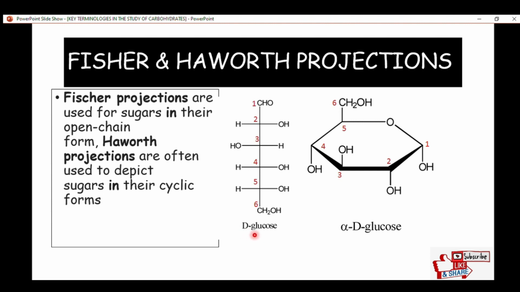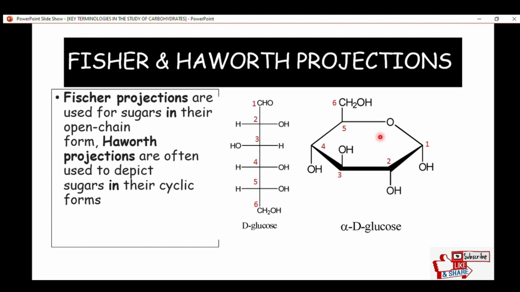We have enantiomers of glucose: the first one is D-glucose, and we have L-glucose. We need to know enantiomers, diastereomers, and meso compounds. We will study them later and you get to know them. This is a cyclic form of a sugar, and it is called a Haworth projection. These 6 carbons are represented in a cyclic ring.